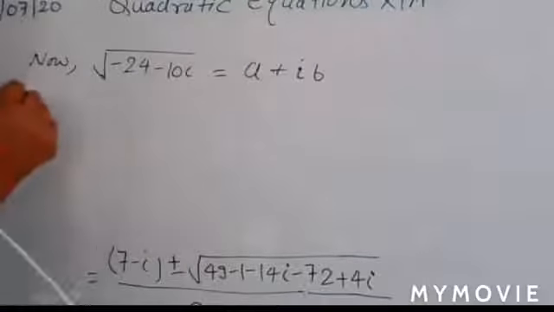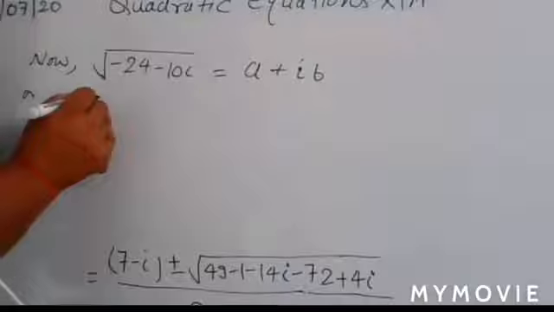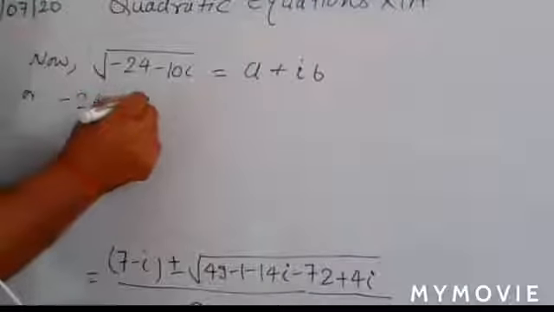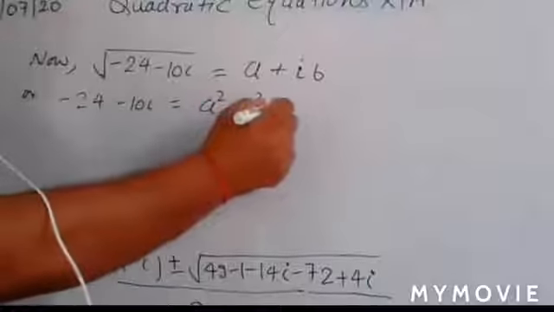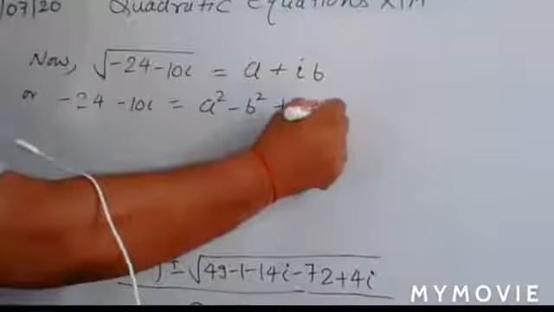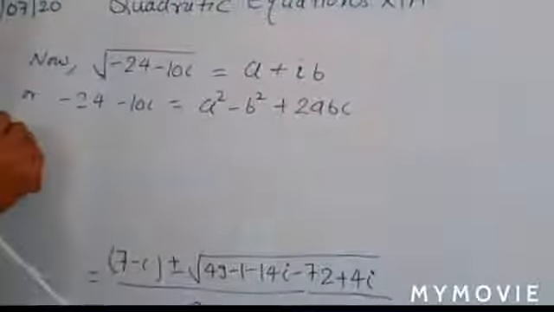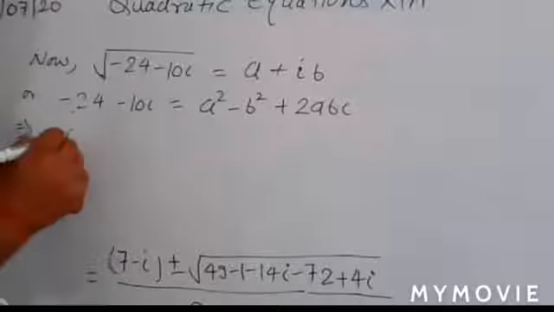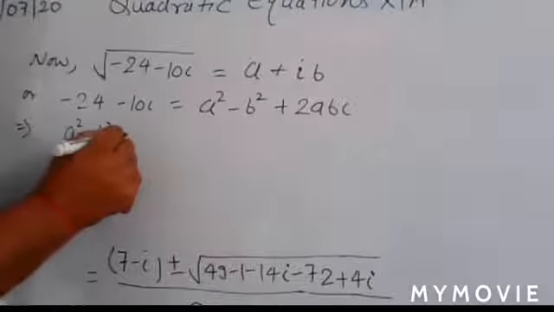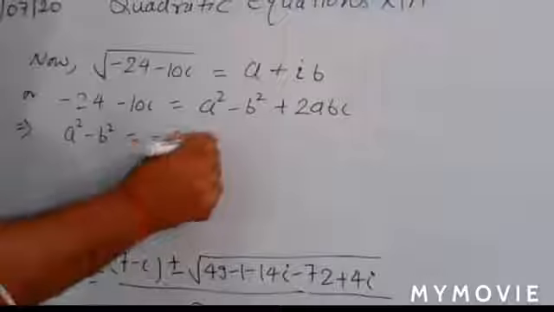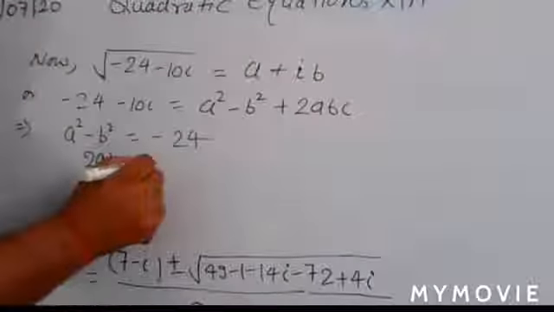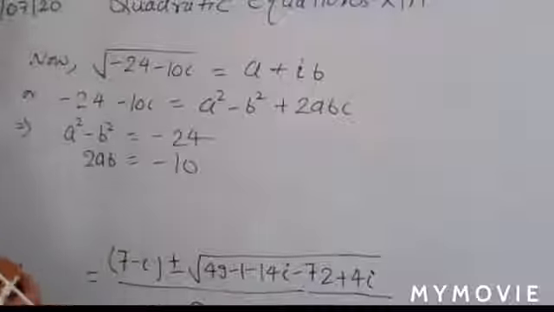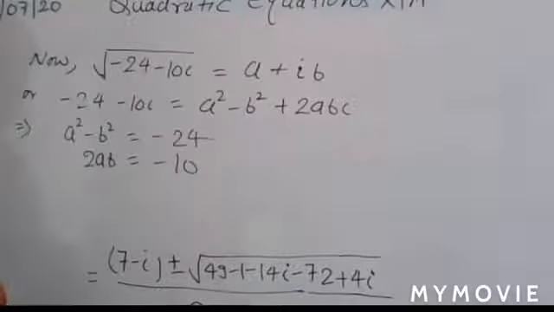Now squaring both sides, you have minus 24 minus 10i is equal to a square minus b square plus 2 times of ab into i. Now if you compare it, you have a square minus b square is equal to minus 24, and here you have 2ab is equal to minus 10.